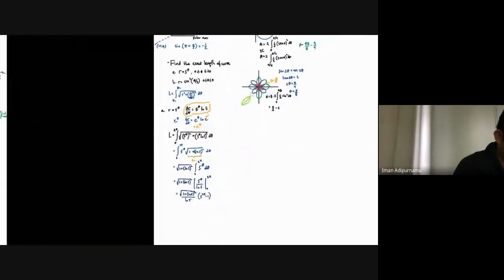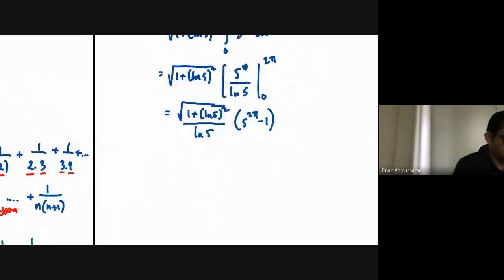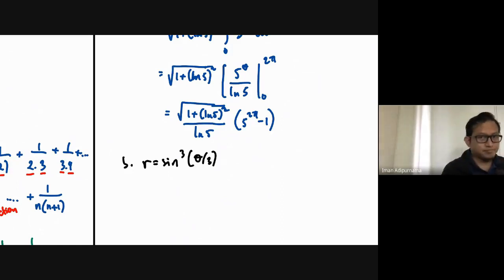The other one is number B. r is sine cubed, right? I think we can try to find the r d theta first.